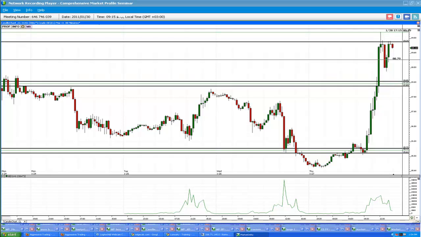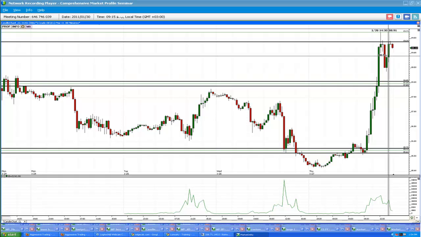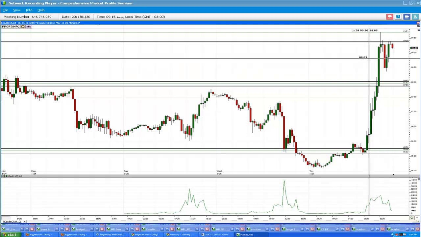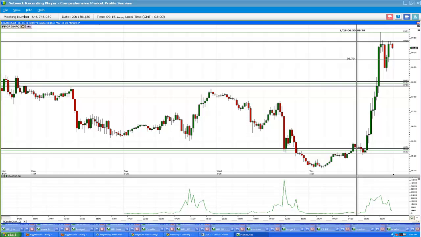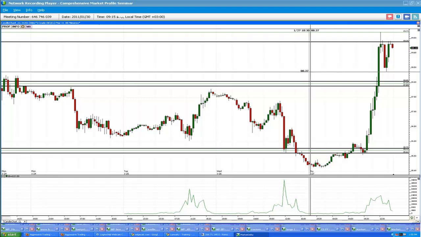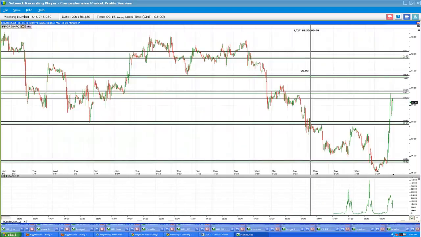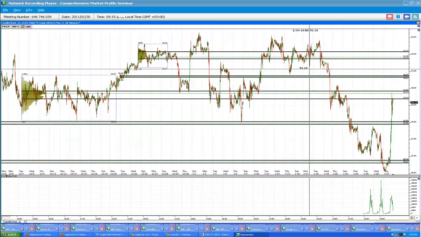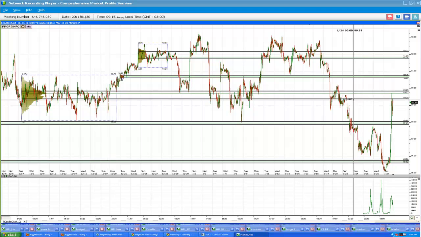So that's a good example of why. If you look at crude, Tom and I will go through it later. Basically, this area here is very important. If we can get through this area, then I think it's likely that we're going to come up and test 93.